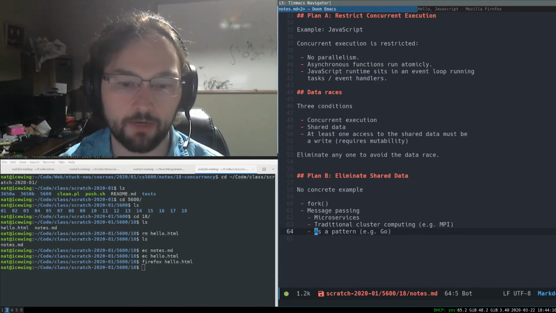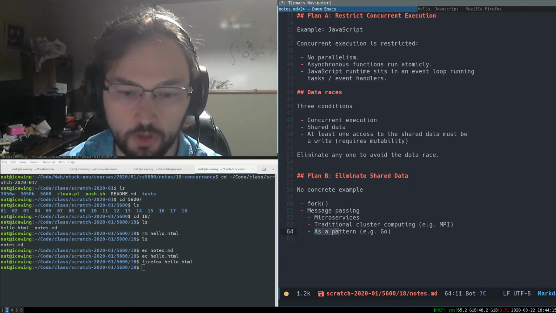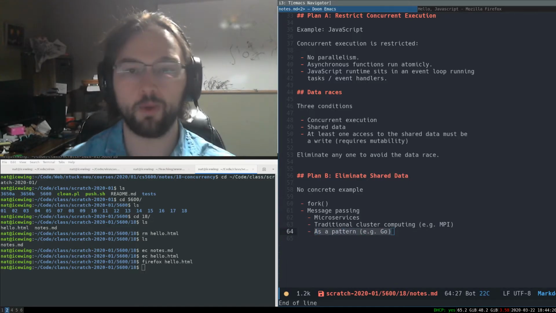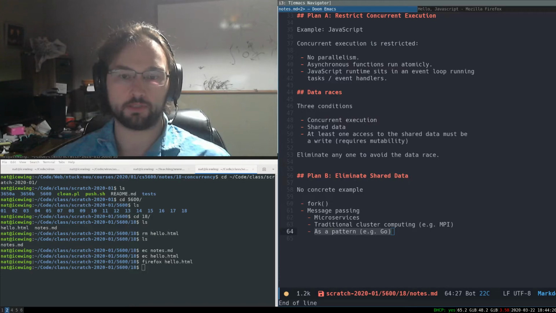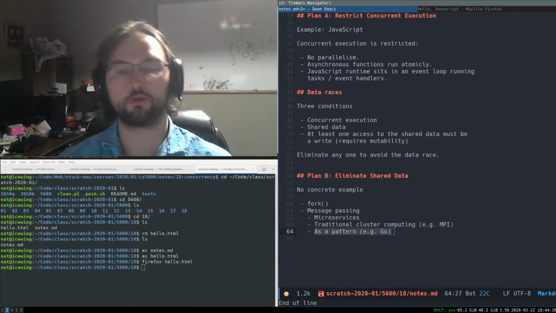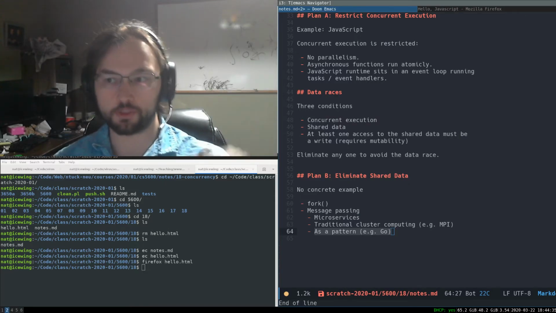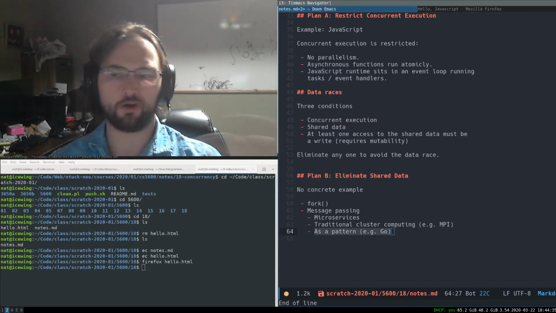And then finally, we can have message passing just entirely as a pattern. For example, in the Go programming language, the way they recommend writing code that runs in parallel is to use a mechanism called channels, which is Go's mechanism for message passing, rather than having a variable that's shared between multiple, they call them Go routines.